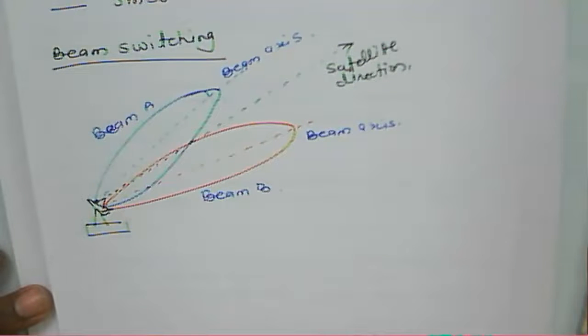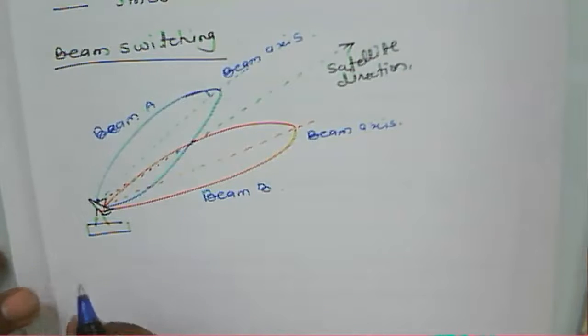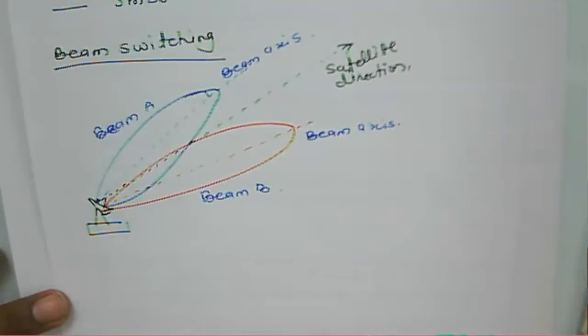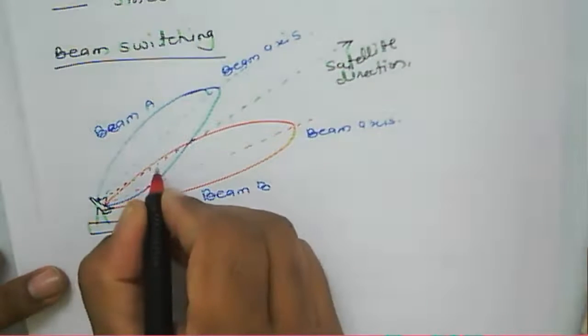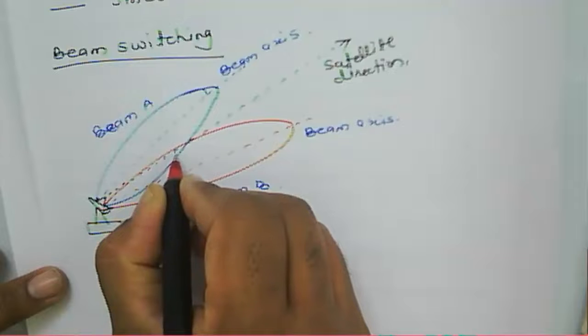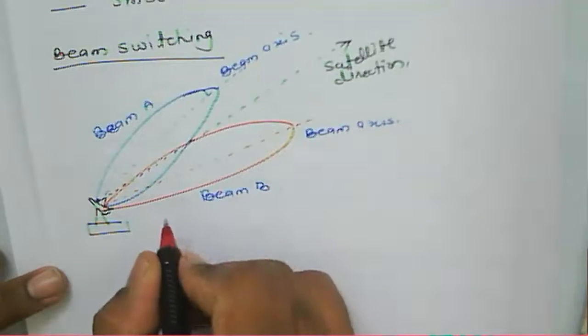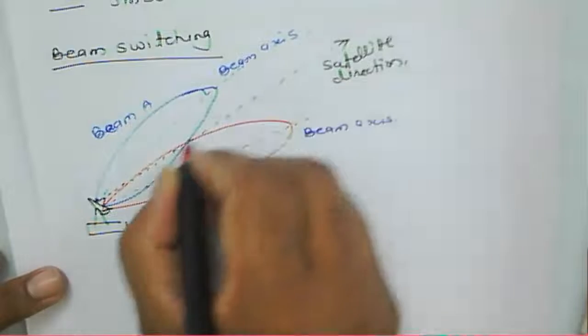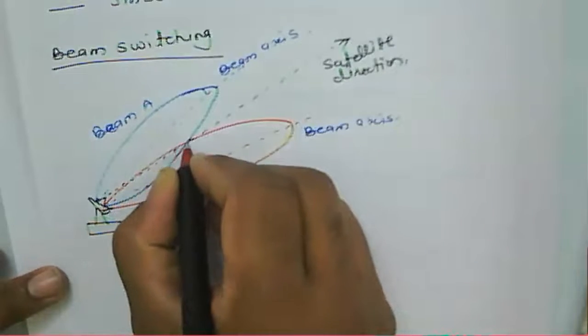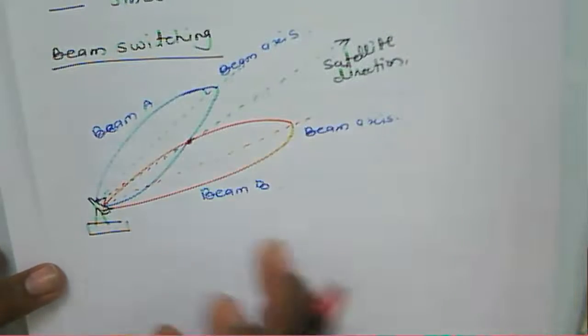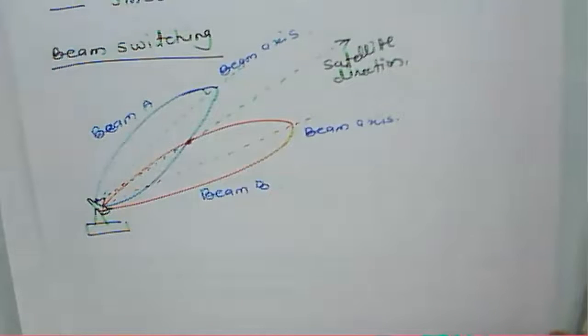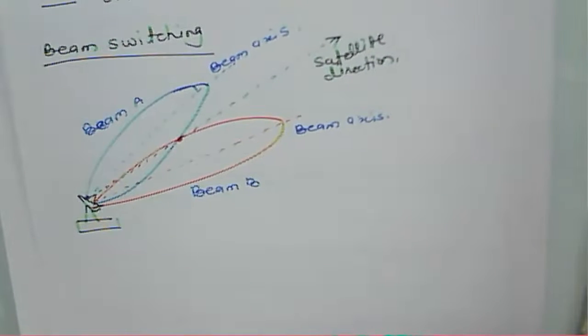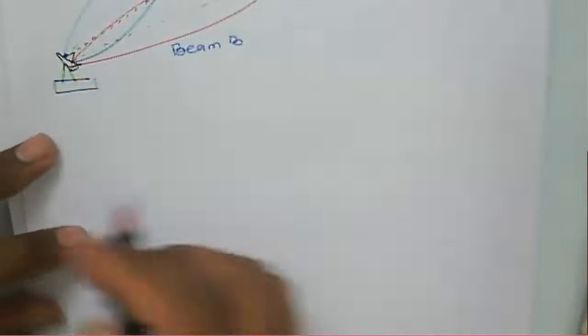So now, at this particular position, we have the main satellite position. Right now, the main axis and the satellite axis are matched.